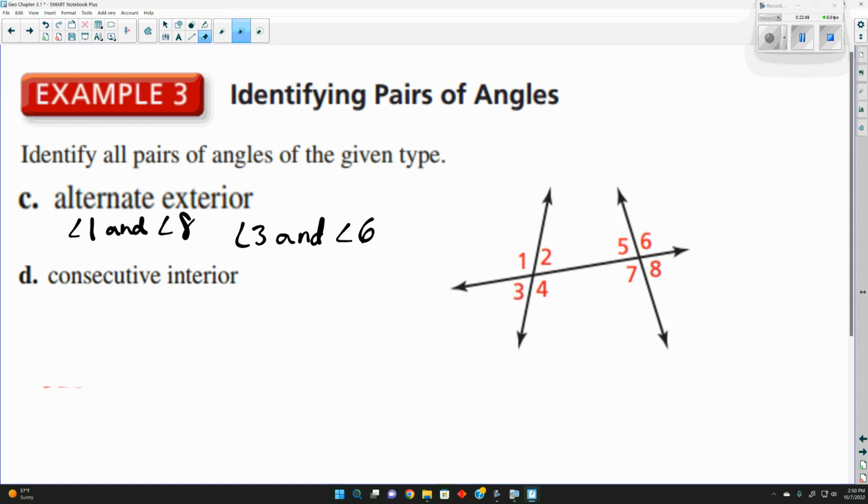And 3 and 6. Because 1 and 8 are both outside and on opposite sides of the transversal. And 3 and 6 are both outside and on opposite sides of the transversal. Yes. 2 and 5 because they're both between the two lines, and they're on the same side of the transversal. Any questions on any of this here?